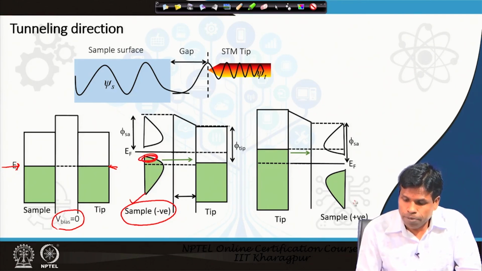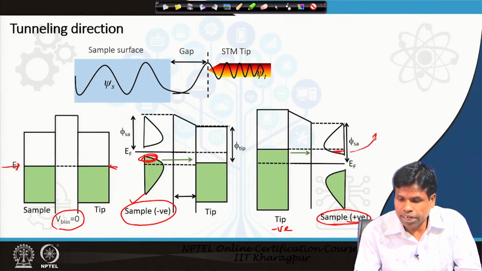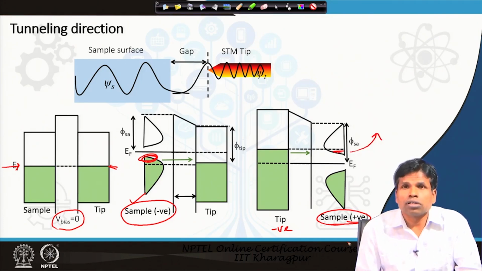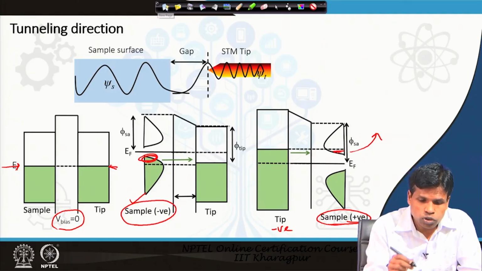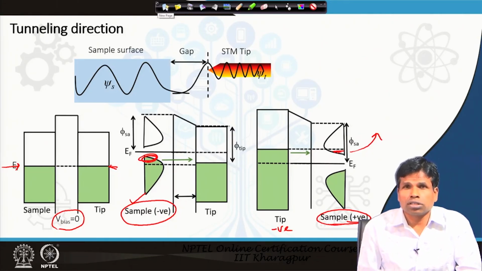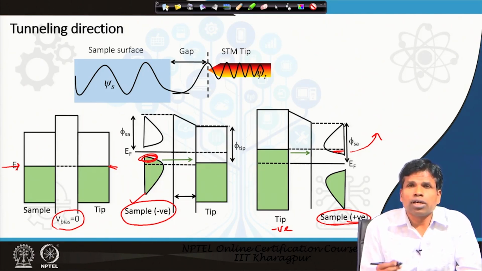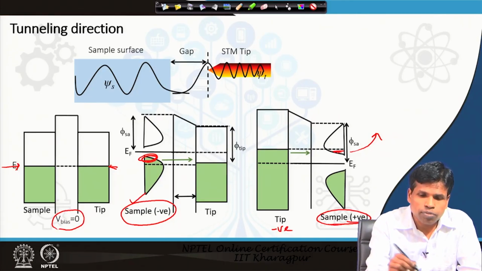On the other hand, if the tip has negative potential and the sample positive potential, electrons will tunnel from the tip to the sample, providing the unoccupied states of the surface we examine by the scanning tunneling microscope. In this way, it provides the surface electronic structure of the sample examined under STM. We can do not only the surface topology, but also the electronic structure of the surface atoms. More examples we will see later.